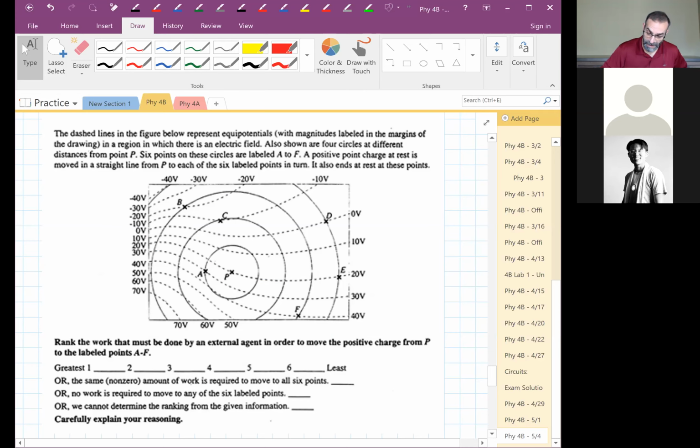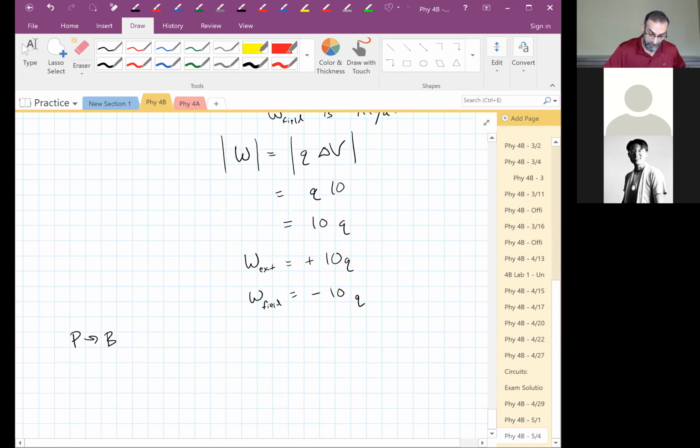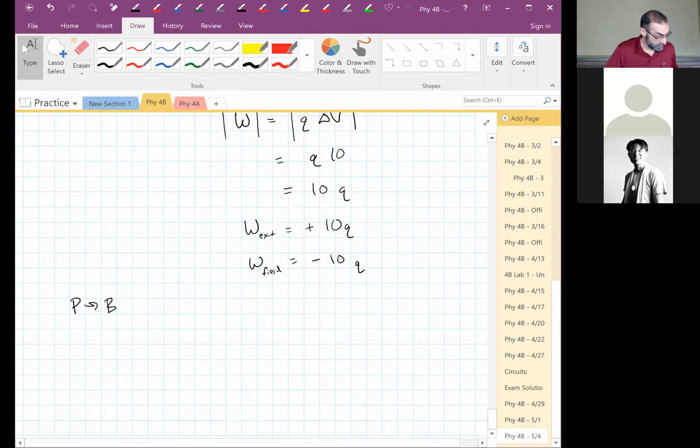Okay, so point B, you're ready? B is at minus 20 volts. P is at plus 20 volts. So what direction is our electric field? Basically from P to B, right? Electric field points toward lower electric potential.